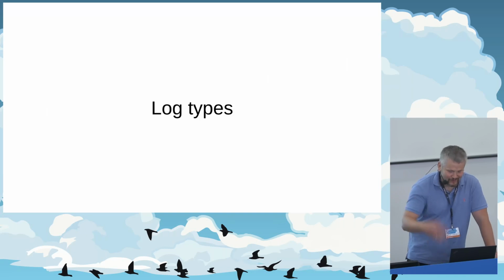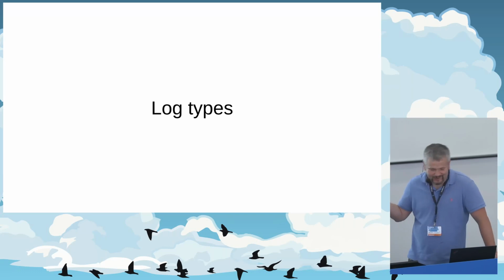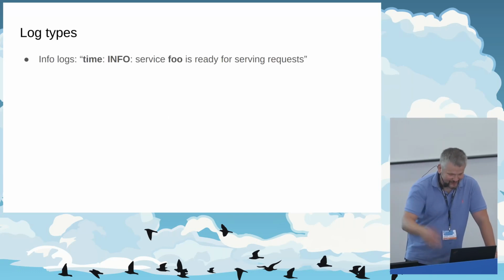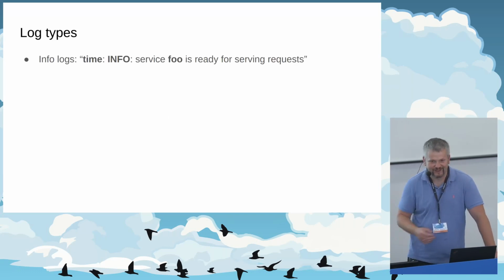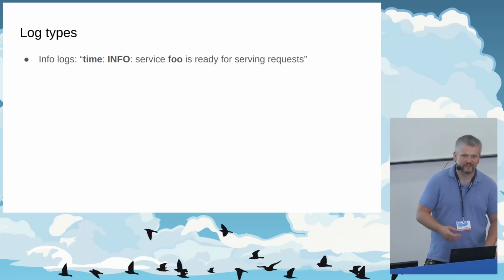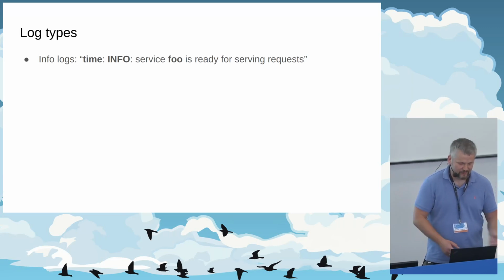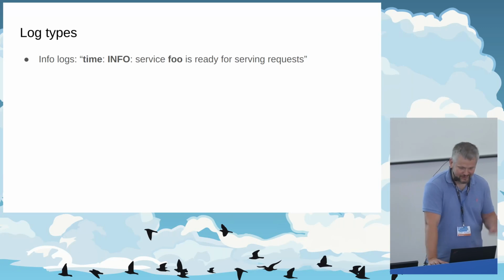And what about logs? Let's refresh our knowledge about logs. Logs may have different types. The first type is info logs, like when your service runs and you need to provide some information about state changes in this service.